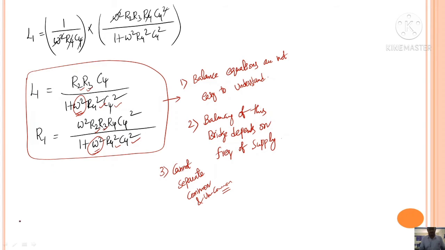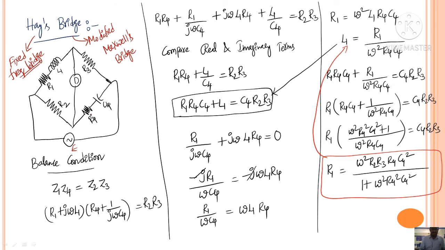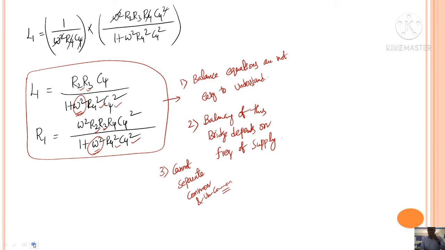So we cannot separate common and uncommon terms. So we need to change each and everything here, R4, C4, and R2, R3, in order to get the balance condition. Okay. So these are the major disadvantages of Hayes bridge.